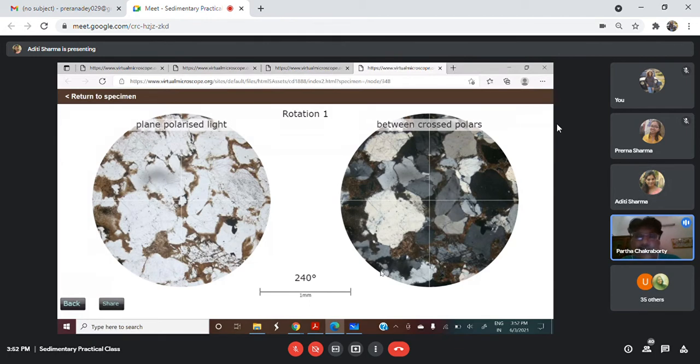So the number of subgrains is less than 3, and they are subequant subgrains with an irregular contact, not elongated. This kind of polycrystalline quartz is either from a plutonic source or from a low rank metamorphic source.